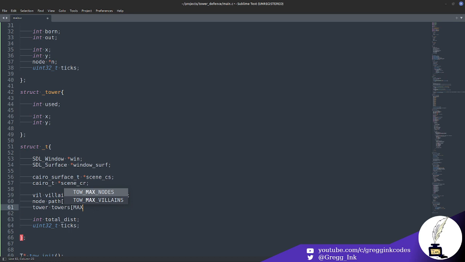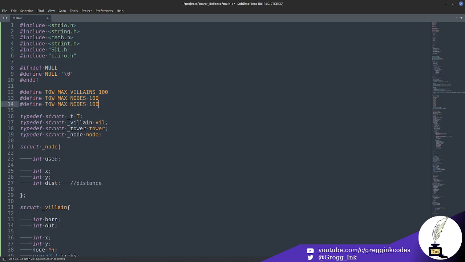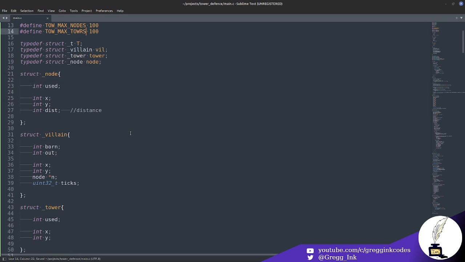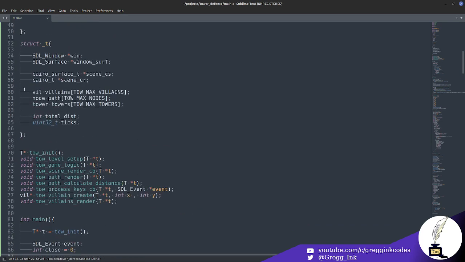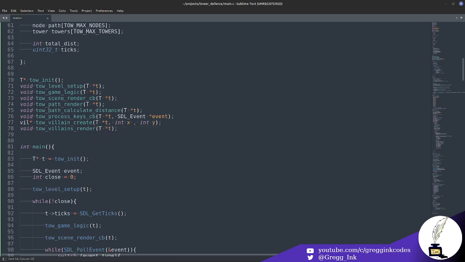Okay, max. So TOWER_MAX_TOWERS, and still in the interest of being original, we're gonna make it 100. Okay, so towers, and then so we have path.